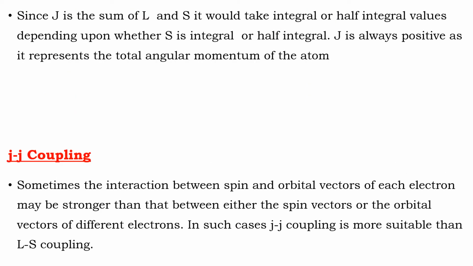That is, J can have integral or half integral values depending on whether S is integral or half integral, because J is equal to L plus S, and J is always positive because it represents the total angular momentum of the atom. And the next coupling is JJ coupling.